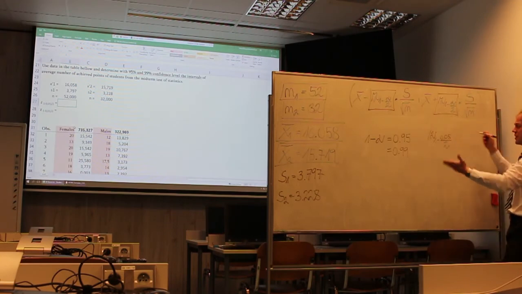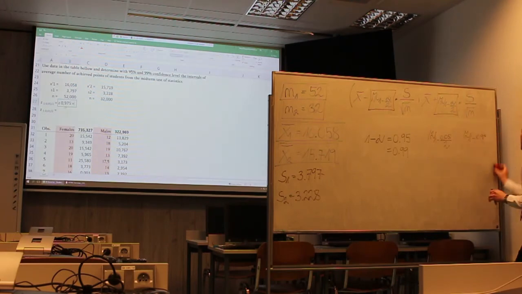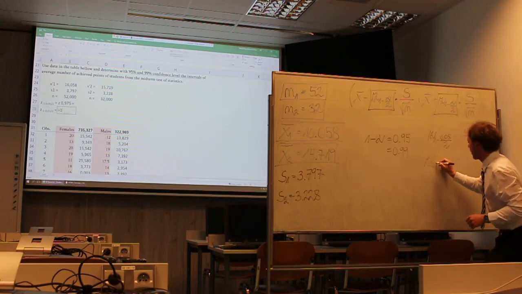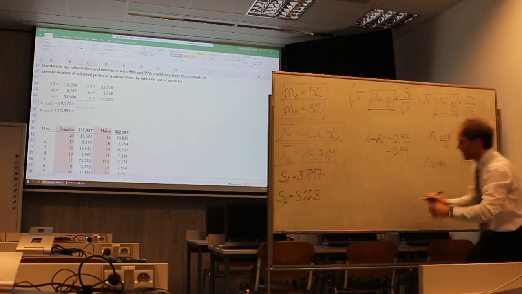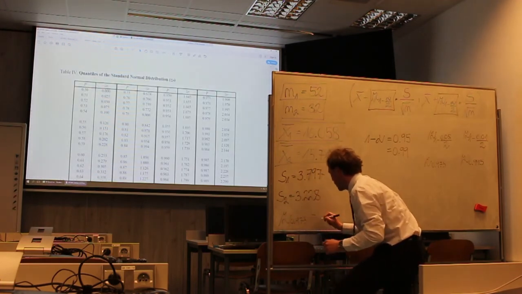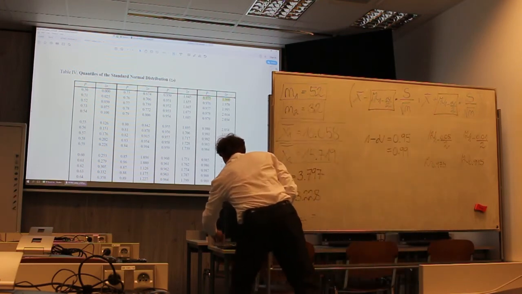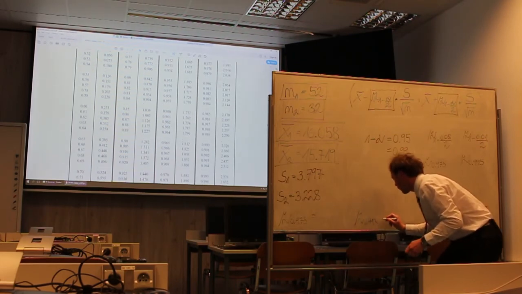In the second case, we will use Z, 1 minus 0.01 divided by 2. So there will be Z 0.975 and Z 0.995.